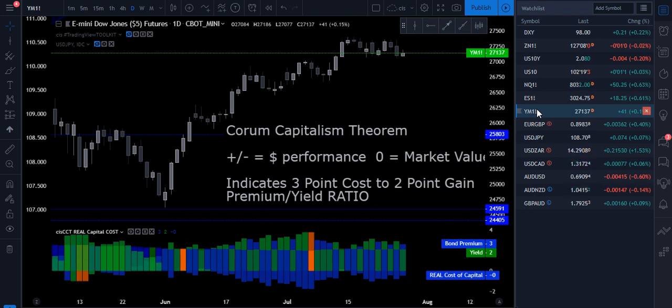However, the pro-trading adjusted bond premium and the pro-trading adjusted yield indicates a 3-point cost and a 2-point gain. And that's the premium to yield ratio. In other words, there's a 3-point potential cost to making a trade in the Dow futures for every 2-point gain. And that's sort of a risk assessment, that premium and yield ratio.